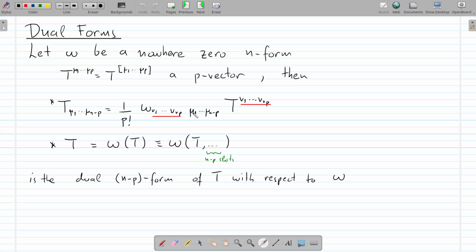Now, because these indices are downstairs, that will be a (0, n minus p) tensor. Because they are antisymmetric, that will be an n minus p form. So the dual of a p vector is an n minus p form.